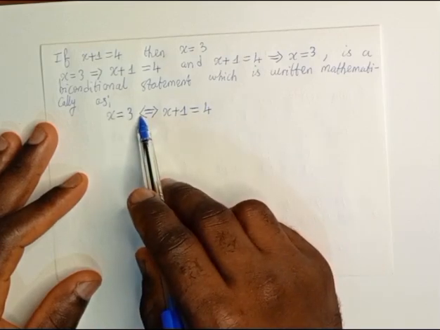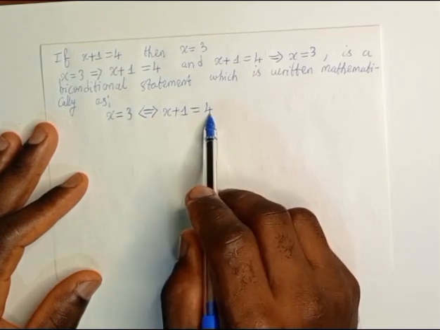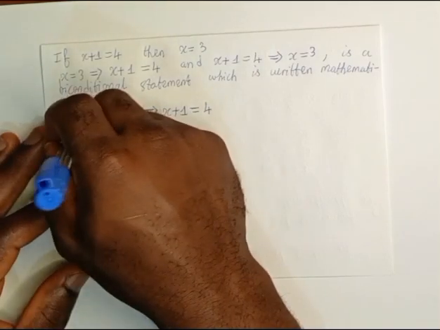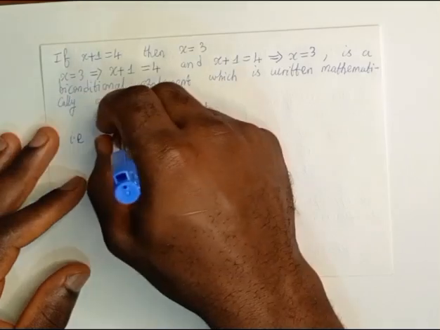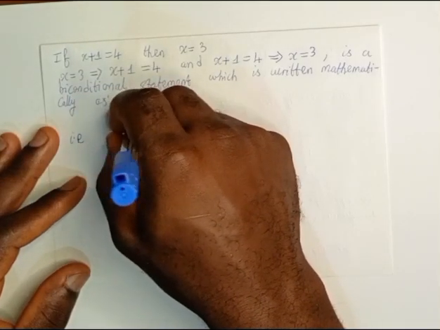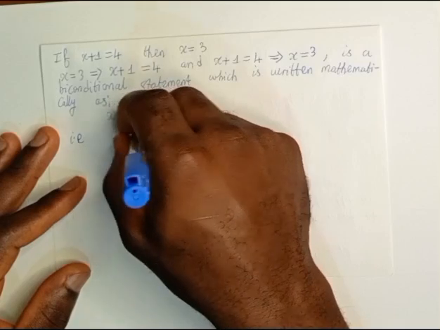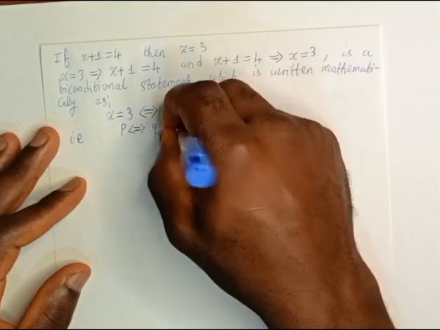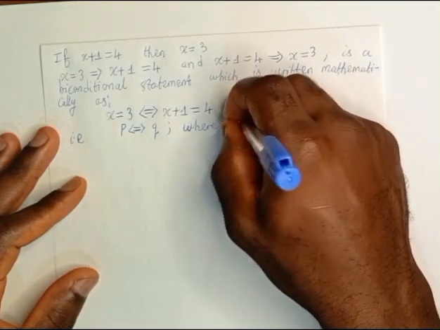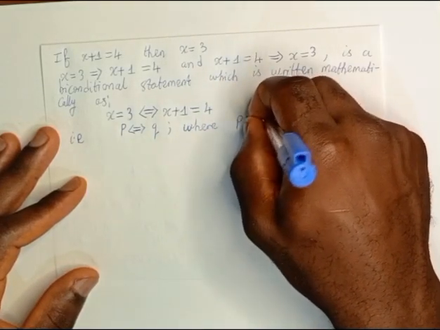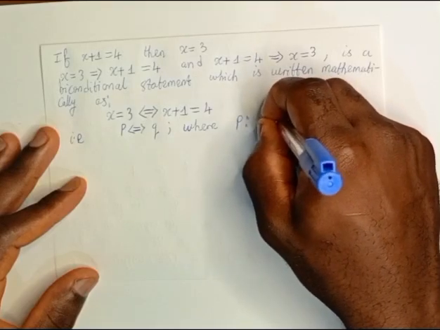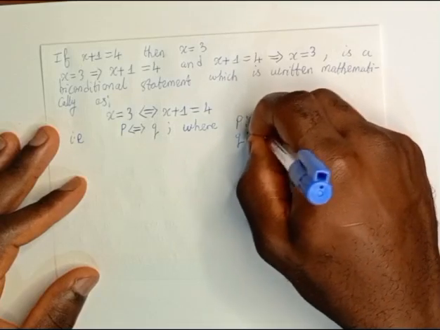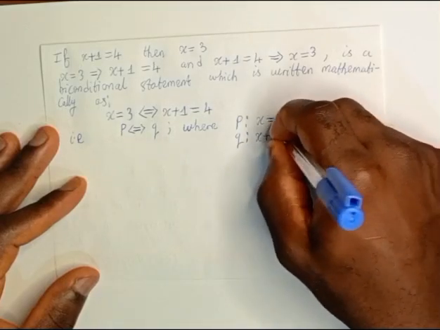The arrow to the left, the backward arrow, simply means from x plus 1 equal to 4, then x will be equal to 3, that is, P if and only if Q, where P is the statement x equal to 3 and Q is the statement x plus 1 is equal to 4.